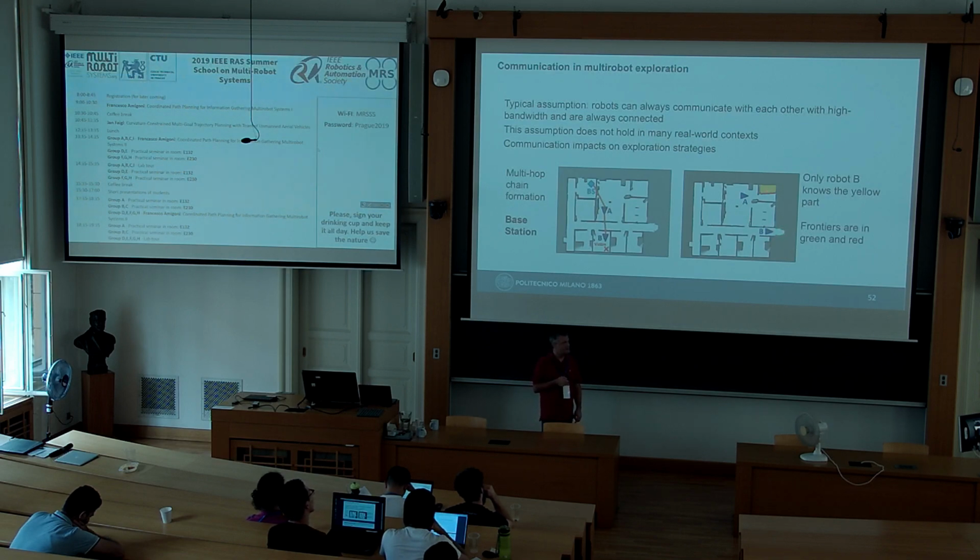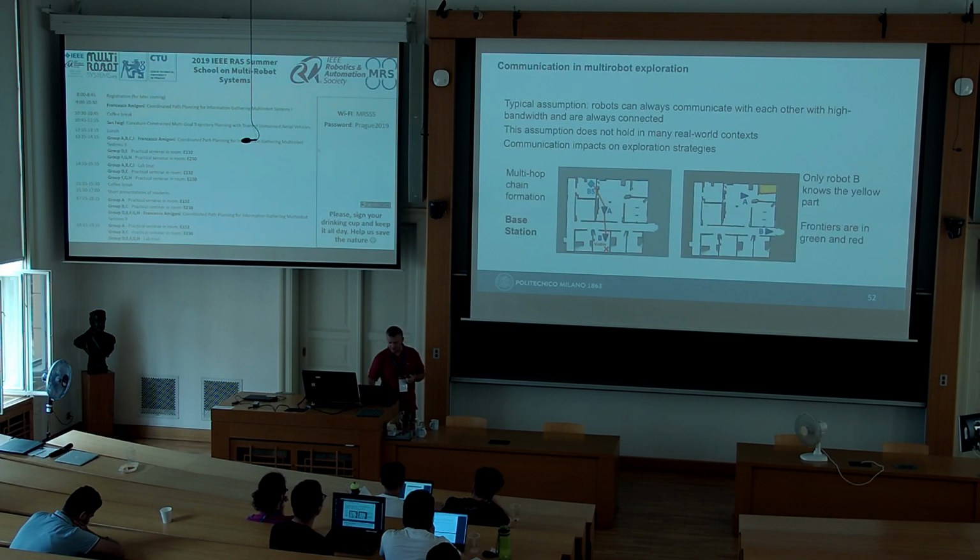But if this yellow part has been already discovered by robot B, but robot B cannot communicate with robot A, robot A does not know that this part is already known to the system. So you can waste a lot of effort because robot A could think that it is a good idea to go there. Okay, and this is the typical situation that happens when you include communication restrictions in exploration.